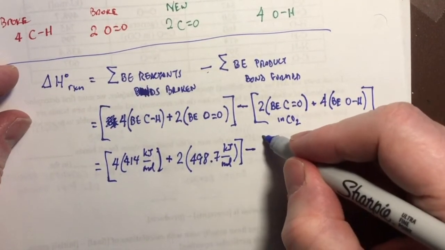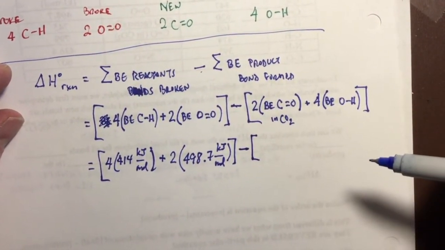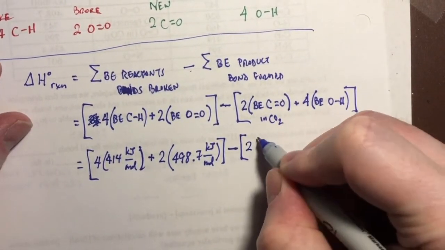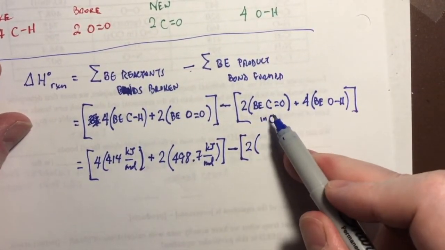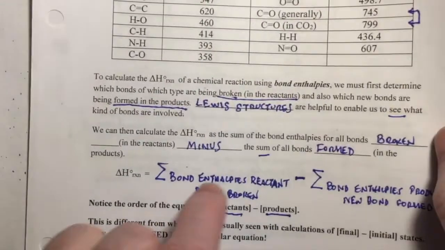Minus the energy that we're going to get back by forming new product bonds. So that's 2 times the bond enthalpies of the CO double bond, specifically in CO2.